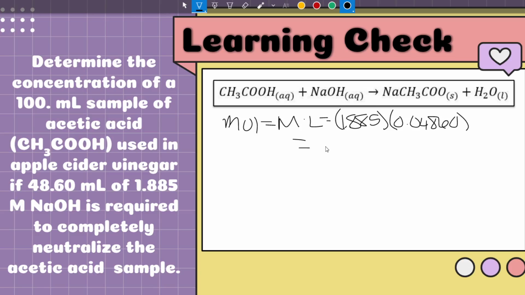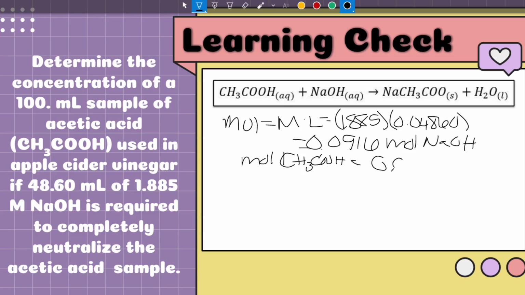So your moles of sodium hydroxide is going to equal 0.0916 moles of NaOH. And remember, because this is 1-to-1, our moles of CH3COOH, or acetic acid, is going to equal the same.